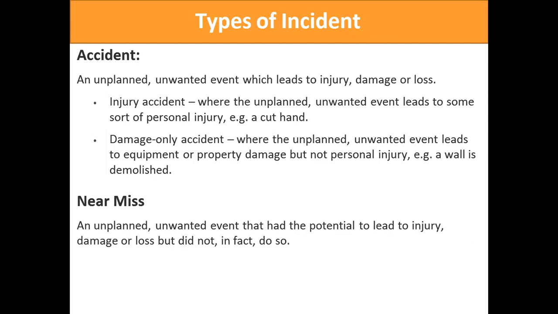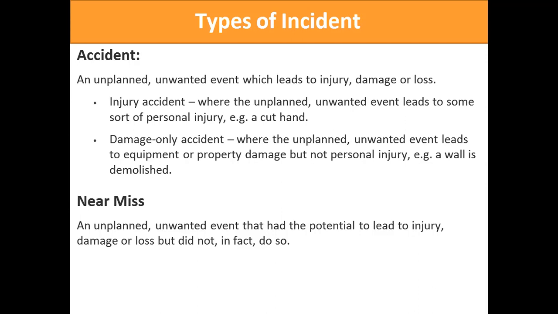One is injury accidents, where the unplanned, unwanted event leads to some sort of personal injury, like a cut hand. And damage only accidents, where the unplanned, unwanted event leads to equipment or property damage, but not personal injury. That's like a wall being demolished, but there is no personal injury.